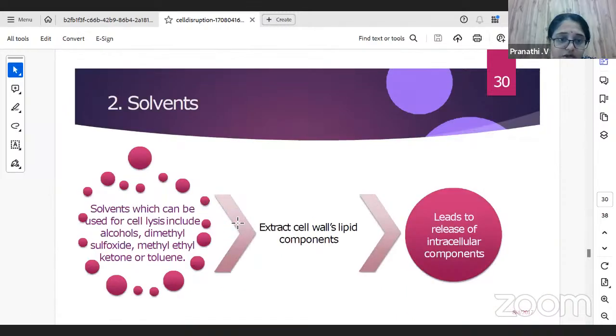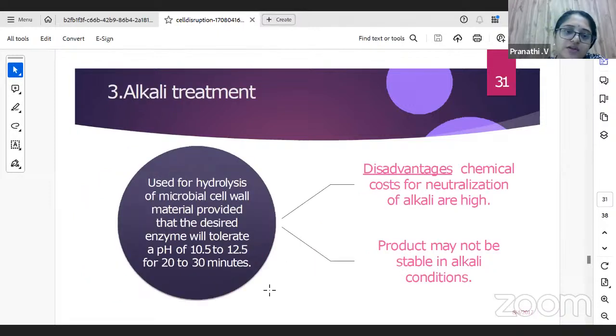You can use solvents also, such as alcohols, dimethyl sulfoxide, that is DMSO, methyl ethyl ketone, and toluene. These solvents are usually used to extract the lipids. Again, this leads to the release of all the intracellular components. You can use alkali soaps, or alkali treatment.